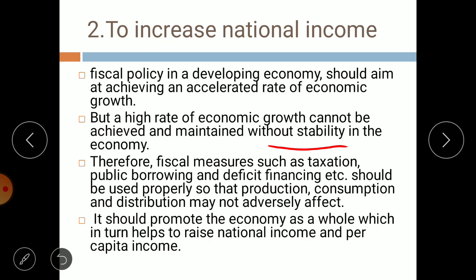See, three words are written here. First is taxation, second is public borrowing, and the third one is deficit financing. In the introductory lectures, I have told you that four tools are there in a fiscal policy. One is public revenue, second is public expenditure, third one is public borrowing, and the fourth one is deficit financing.